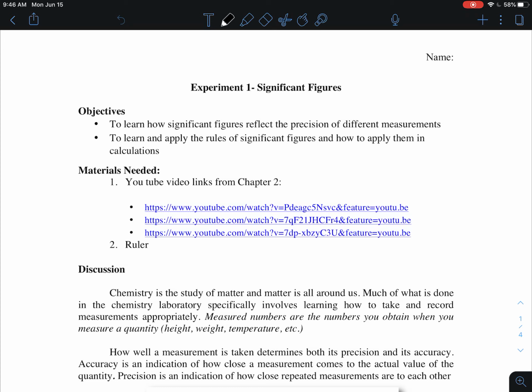So we here study matter, and we know that matter is all around us, and we constantly take measurements in chemistry and lab specifically. Now, that brings us up to the numbers that we record are measured numbers, and we want to record only those digits that are significant. We don't want to write 10 digits. We only care about looking at the important ones.